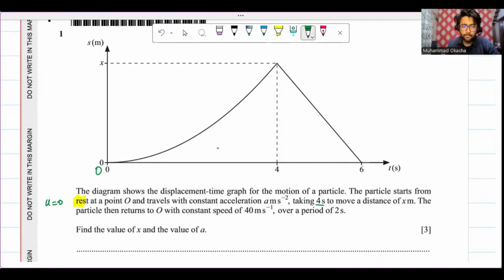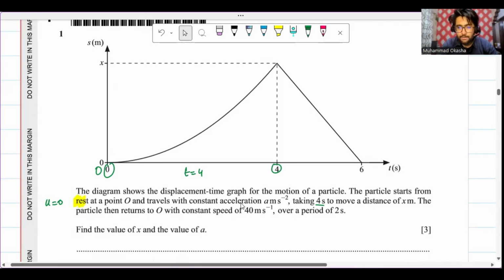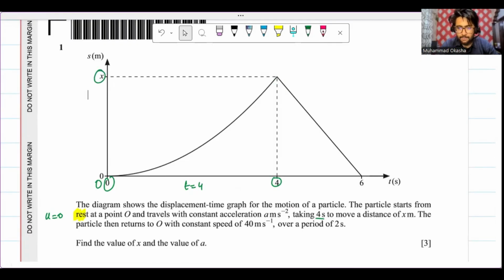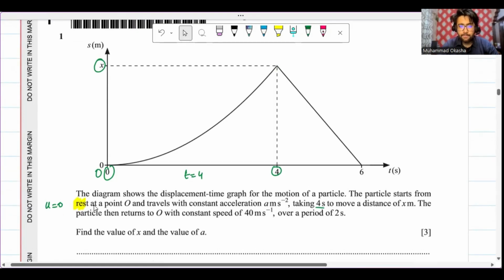Now this is important. We're talking about this part of the motion, t equals 4 seconds, to move a distance of x meters. It moved a certain amount of distance, and that distance is x. I do not know the value of x as yet. The particle then returns to O with a constant speed of 40 meters per second.